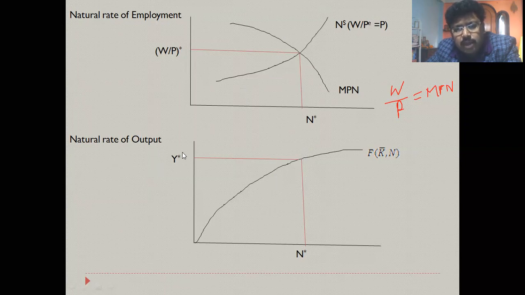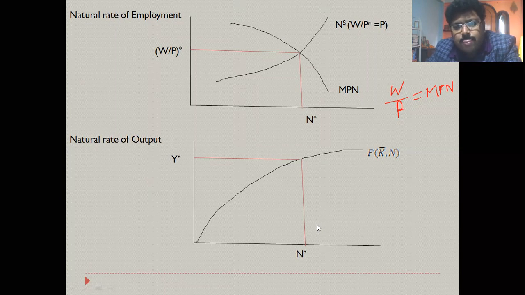The natural rate of output is y star. So this is the natural rate of output, and this is the natural rate of employment. This is Friedman's idea of the natural rate of employment and natural rate of output.